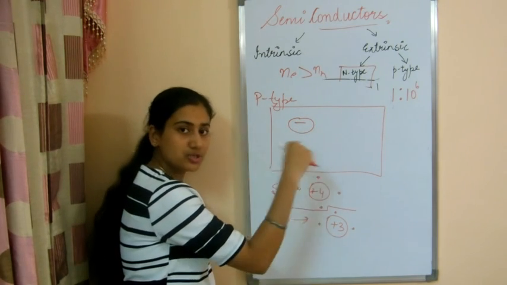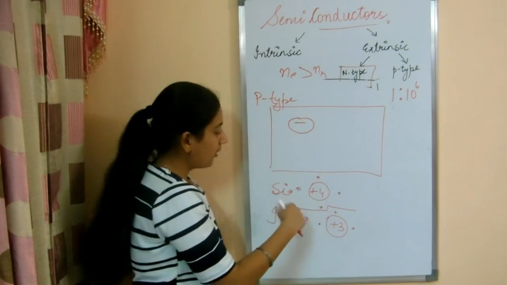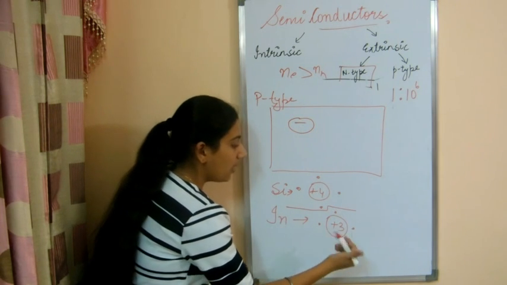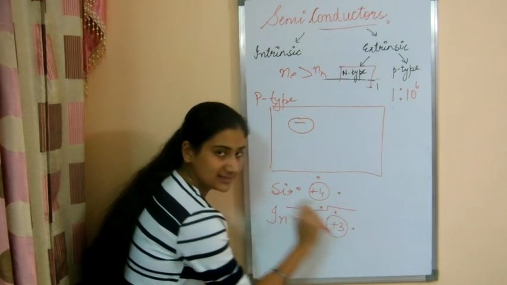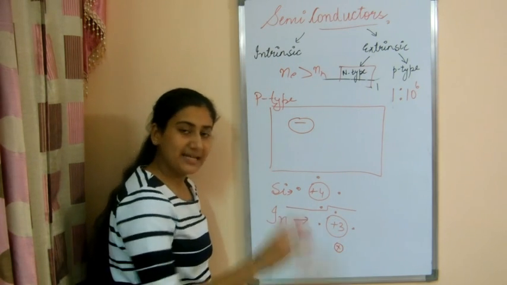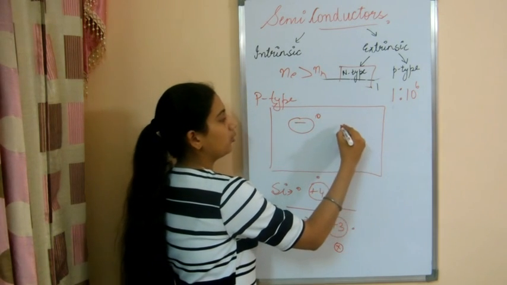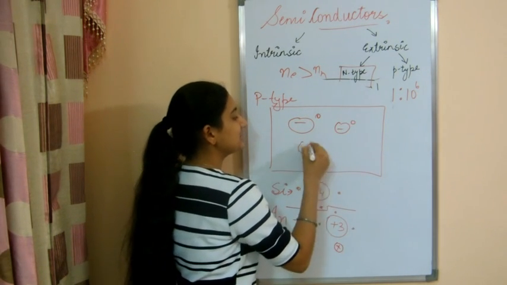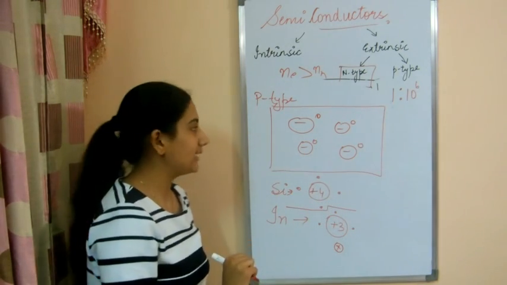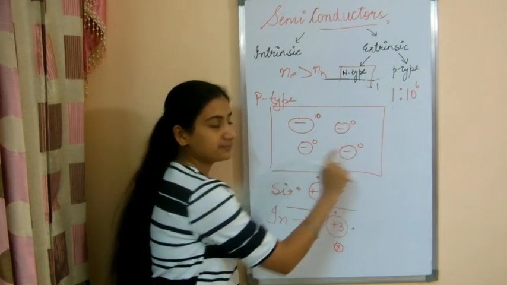So I have used minus 1. Now, if I have 3 valence electrons, that means I have an empty space in my crystal, which is represented by a hole. So I will represent a hole here. This is the representation of p-type extrinsic semiconductors.